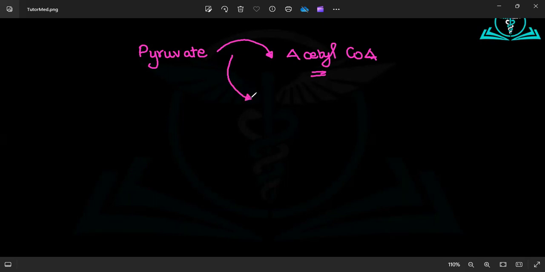Which enzyme converts the pyruvate to acetyl-CoA? Pyruvate dehydrogenase. I think I've mentioned it. So when the acetyl-CoA is formed, then it goes into the Krebs cycle. Do you see that? So now we have ended the chapter on glycolysis.